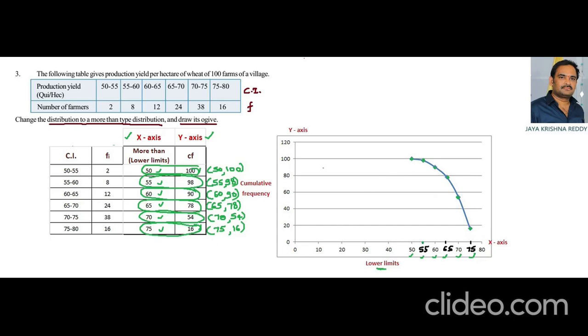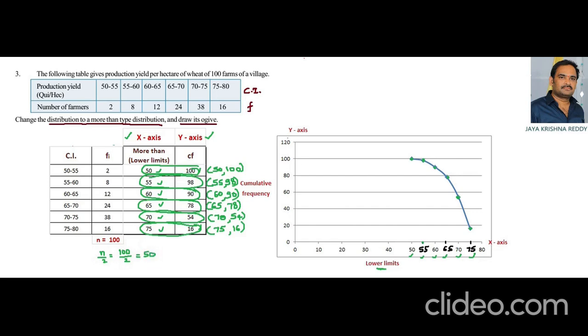We can find the median from this more than type ogive also. For that, let us find the sigma f value. N, the small n value, is 100, so let us make it half. N by 2 is equal to 100 by 2, that means it is equal to 50.